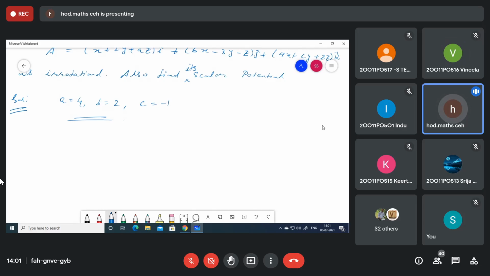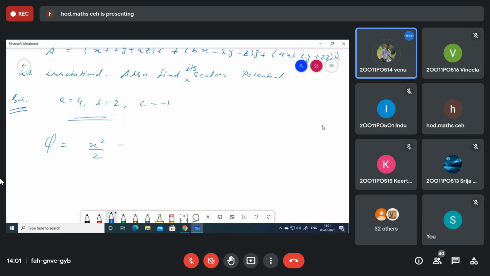What about the scalar potential? x square by 2, minus 3 by 2 y square, plus z square, plus 4zx, plus 2xy, minus yz, plus constant.